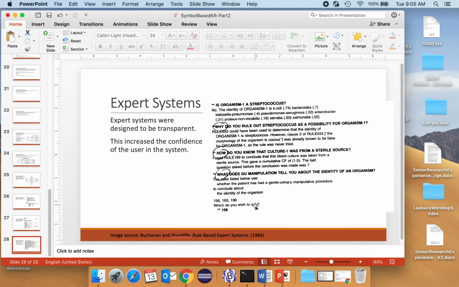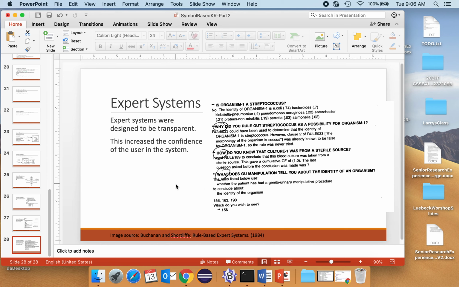So I said we could have used, let's see, the rules listed below use whether the patient has this one over here. And then they ask, which rule do you want to see? And again, the system would display the rule. I just want to highlight that these were very, very powerful systems. They took a lot of effort to build, but they were very, very helpful to people.